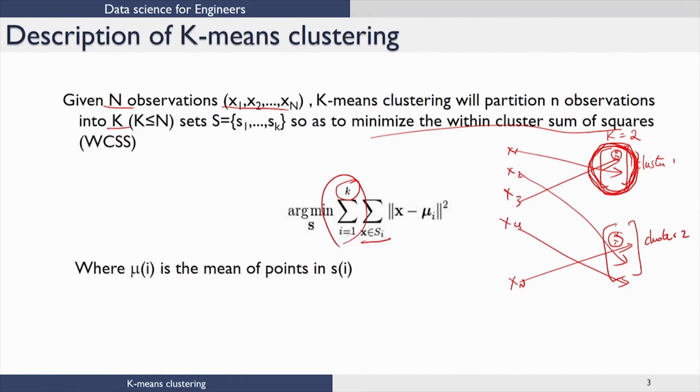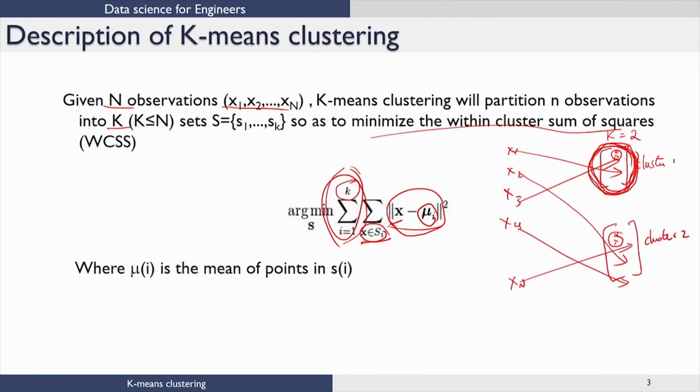So, there is a double summation. The first summation is for all the data that has been identified to belong to a set. I will calculate the mean of that set and I will find a solution for these means in such a way that this within cluster distance, x which is in the set minus the mean, is minimized, not only for one cluster, but for all clusters.